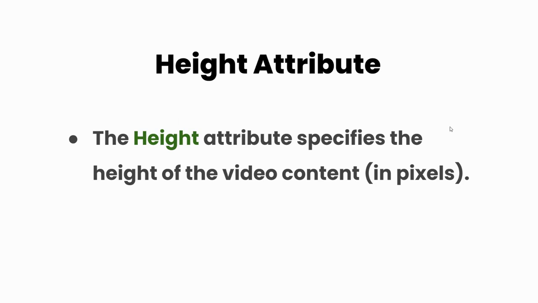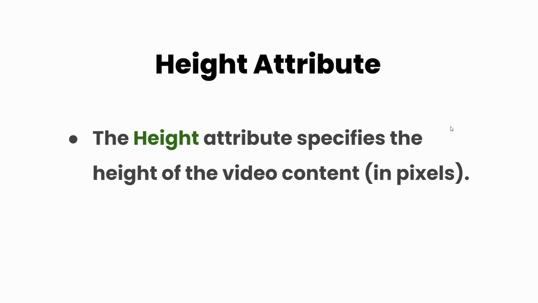Secondly, we have the height attribute. The height attribute specifies the height of the video content in pixels. So you can imagine what the height attribute can actually do. It can make the video look bigger or smaller than its regular size.